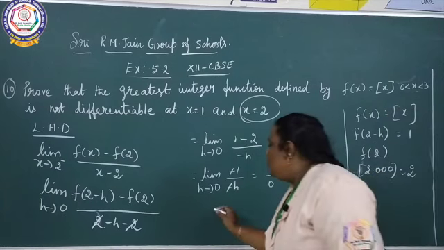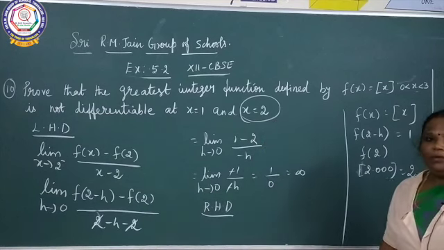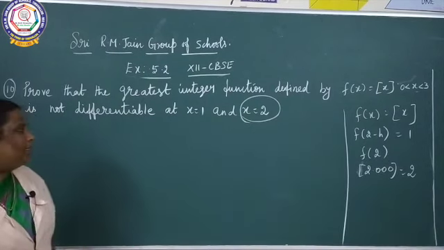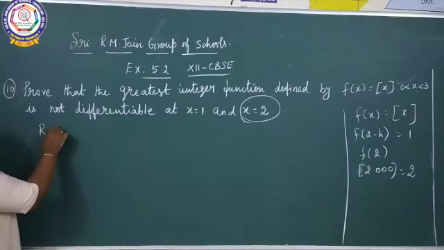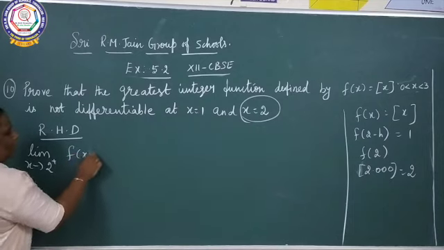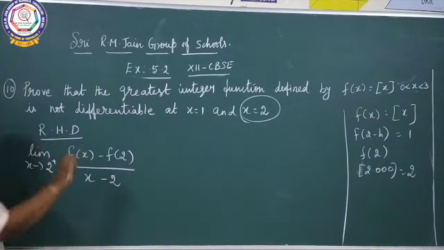Now we are going to discuss the right hand derivative: limit x tends to 2 plus of f of x minus f of 2 by x minus 2.